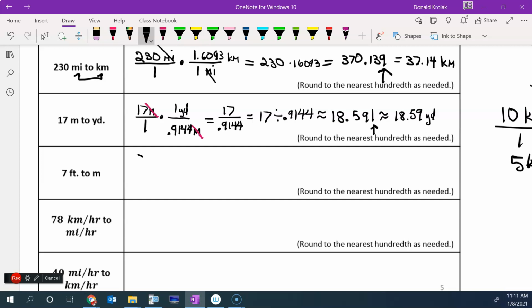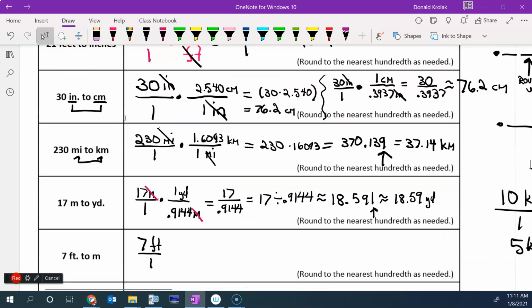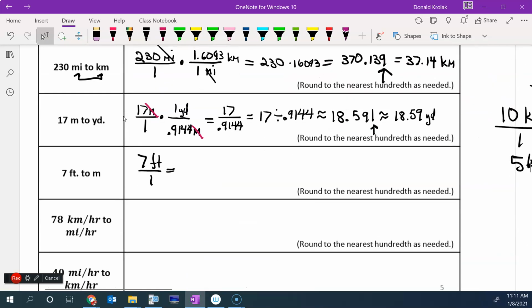Okay, feet to meters. Either one of these will work. Doesn't matter which one I use. 1 meter, 328 feet. 1 meter, 3, 2, 8 feet, so that my feet cancel.